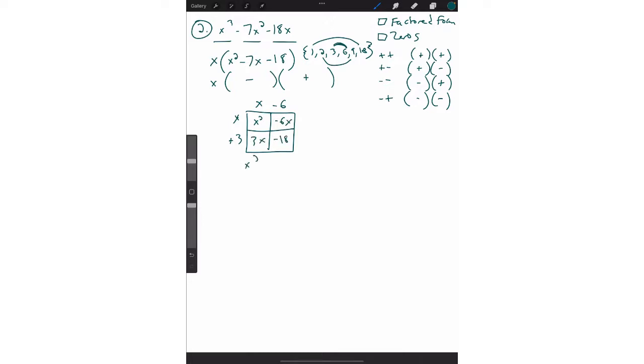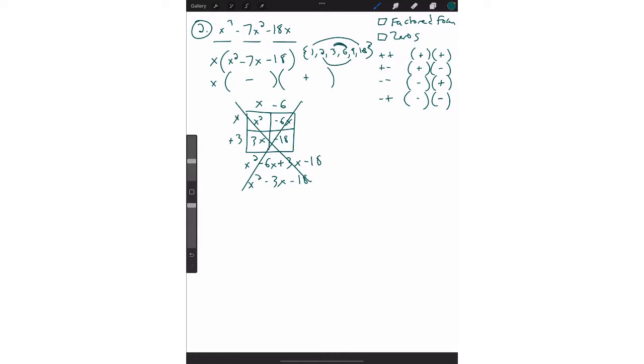If I add up everything that's in the box, I get x squared minus 3x minus 18. That is not the same thing as what I started with, so I know that's wrong. I could see that from the beginning, so I'm just going to go ahead and cross it out.